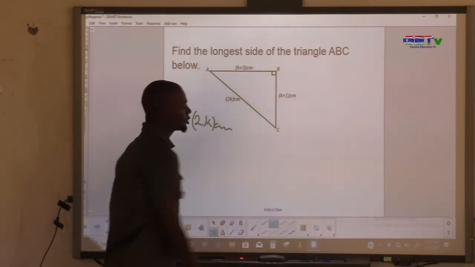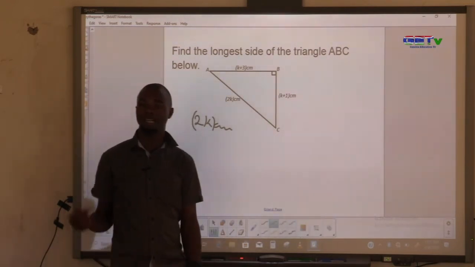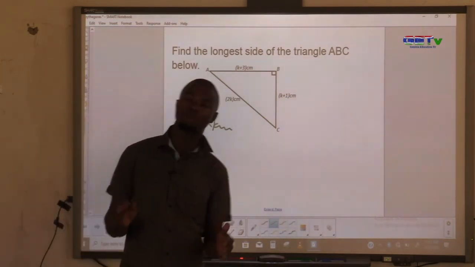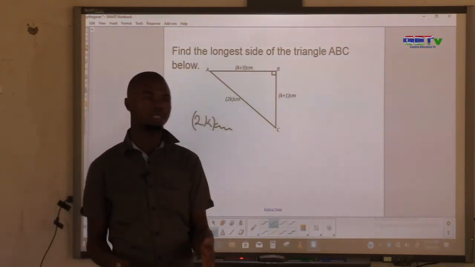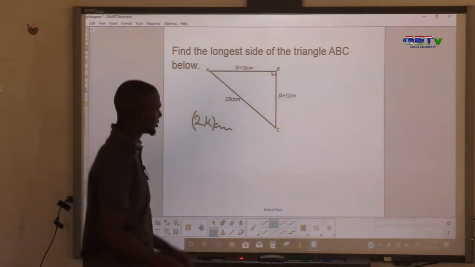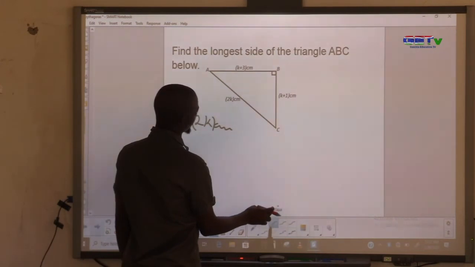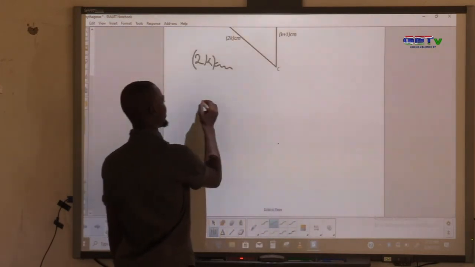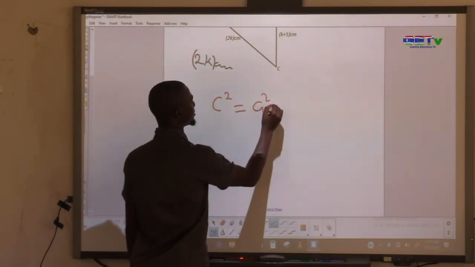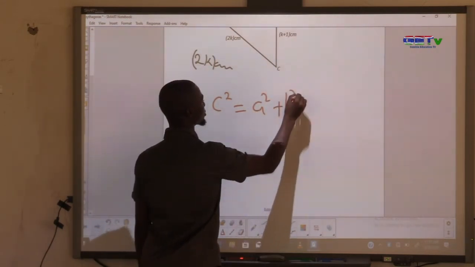So what do we do first? We first have to find the value of k. How do we find the value of k? We use the formula for Pythagoras theorem since the diagram is a right angle triangle. What is the formula for the Pythagoras theorem? It is c square is equal to a square plus b square.